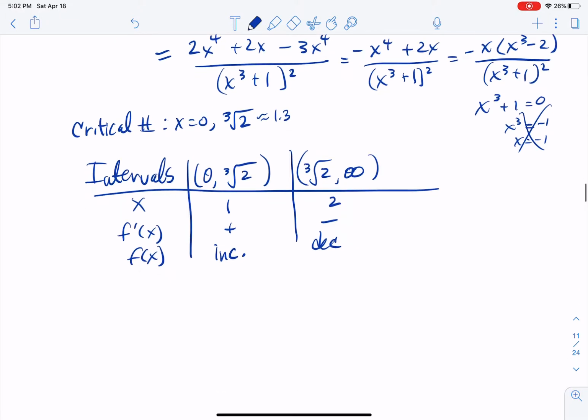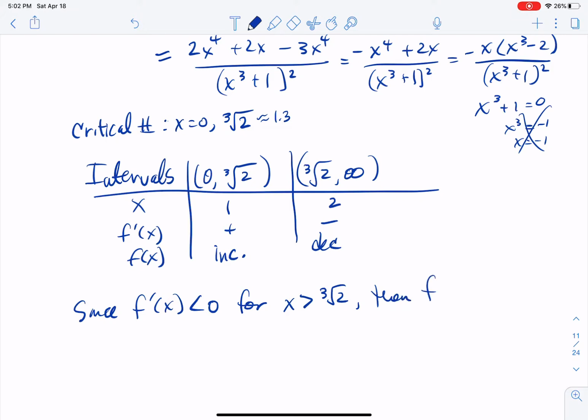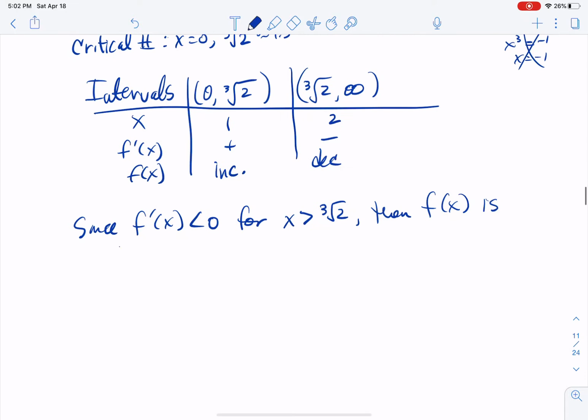So we're going to say that since f prime of x is less than 0 for x greater than the cube root of 2, then f of x is decreasing on x greater than or equal to the cube root of 2.